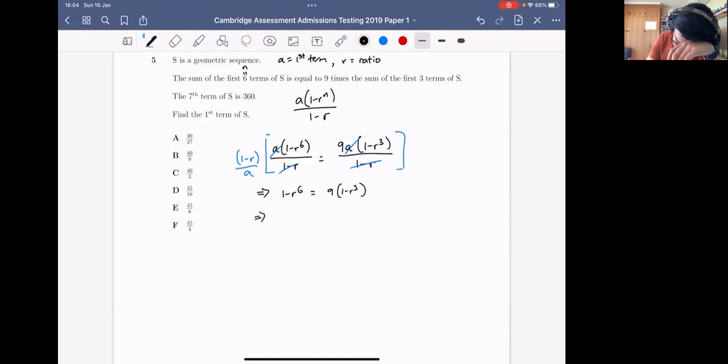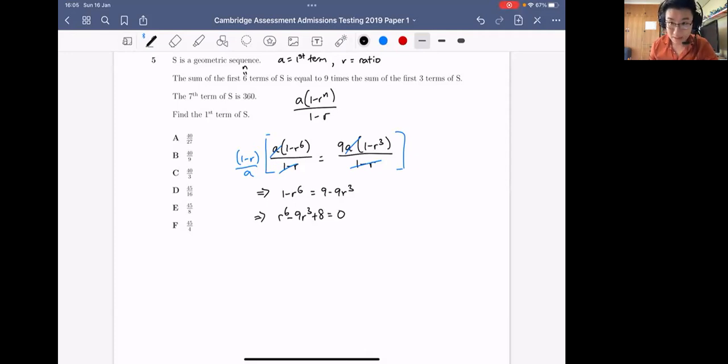I'll rewrite this as 9 minus 9 R to the 3, so that if I move everything to one side, I'll get R to the 6 minus 9R cubed plus 8 is equal to 0.